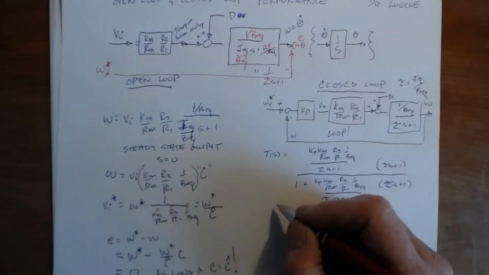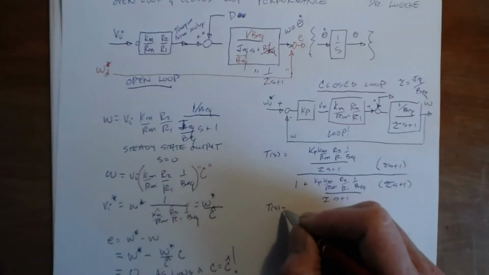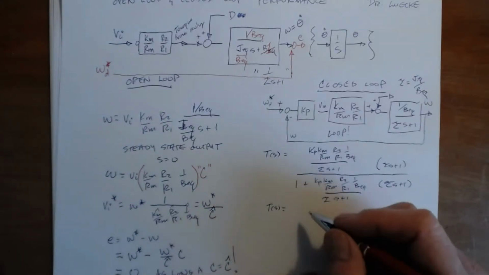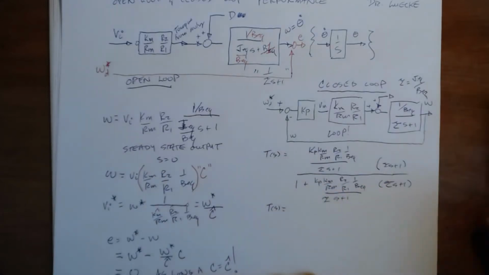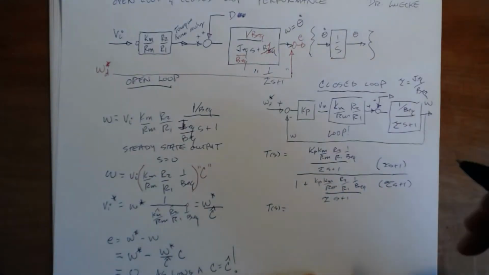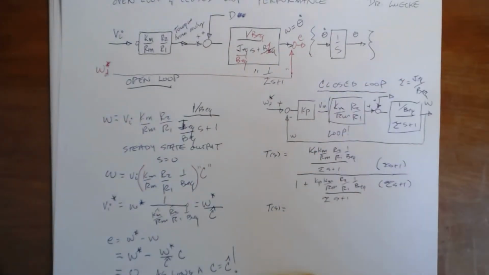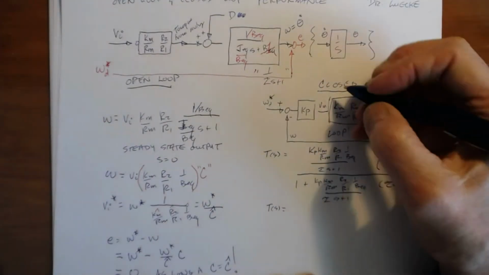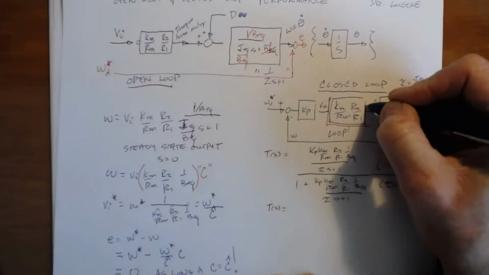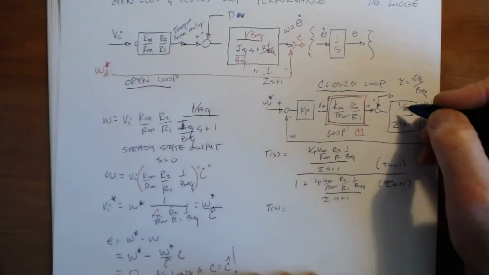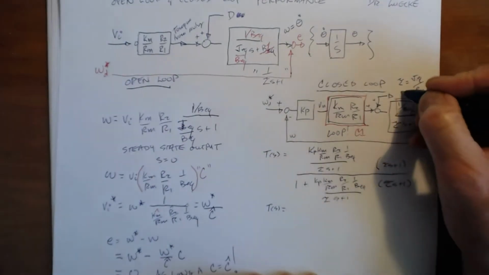And that tells me that my transfer function, T of S, is equal to, I've made some other changes. Let me make it in red so we can do it. I'm going to call this one C1, and I'm going to call this one up here C2.